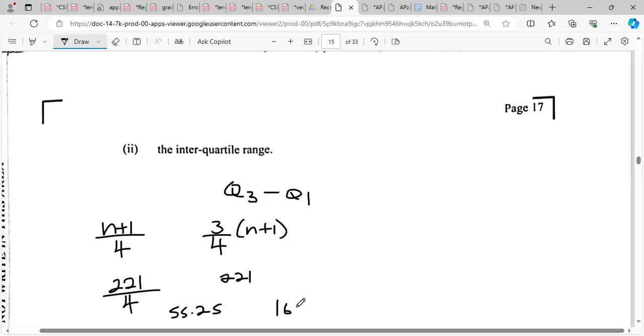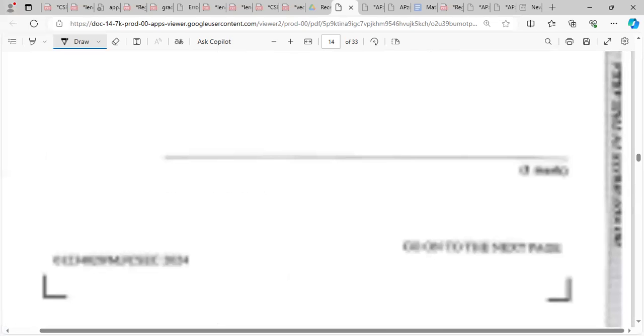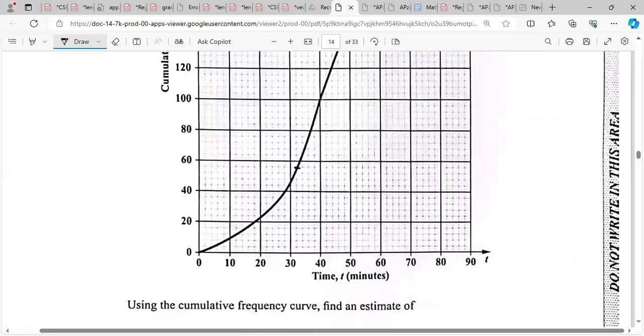So we have to get the readings. So 165.75, look at it, about 166.